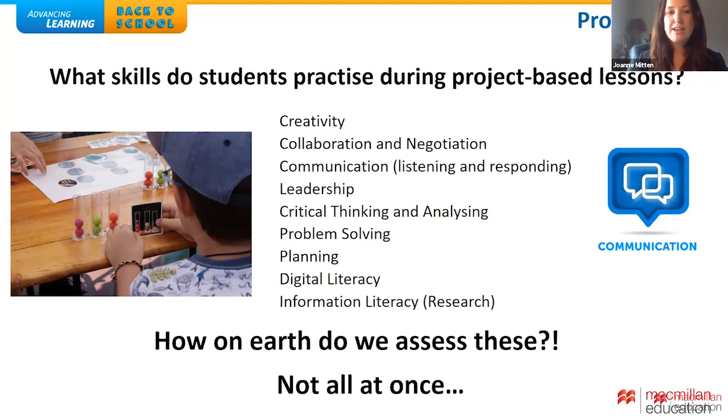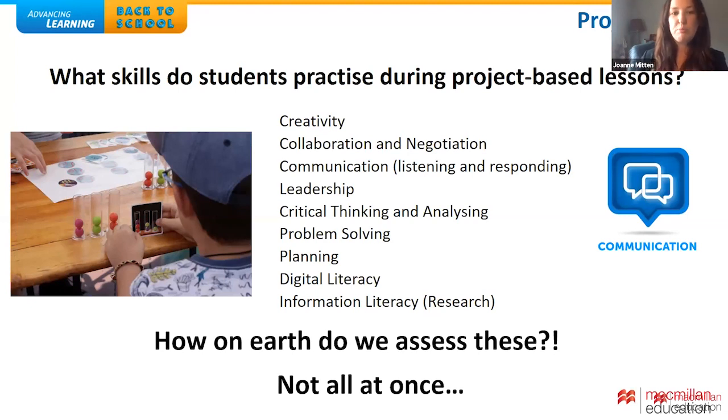So it could be that one group found it difficult to communicate throughout the year. So in their last project, you're going to be assessing or putting more focus on their collaboration, negotiation, communication, and leadership, okay?